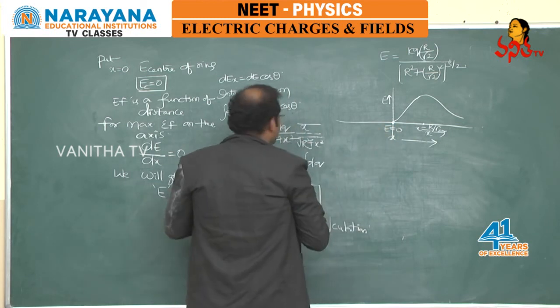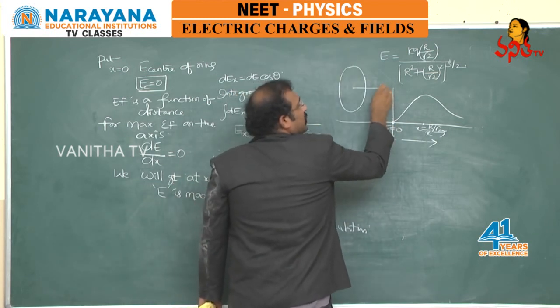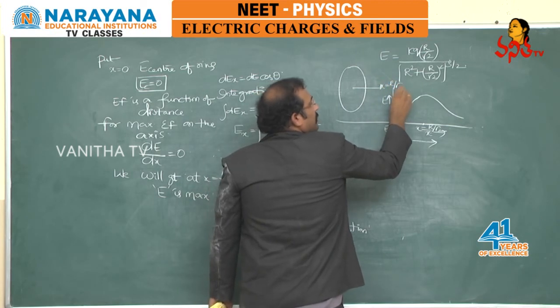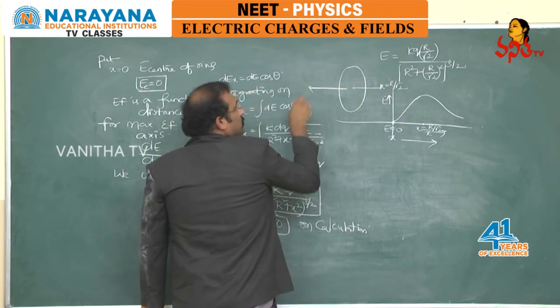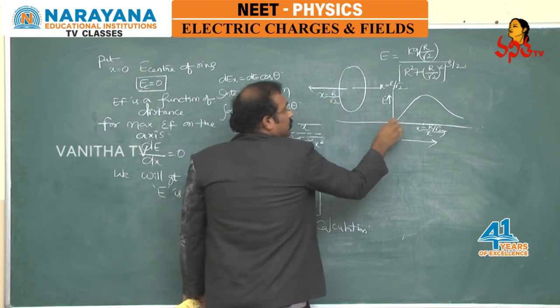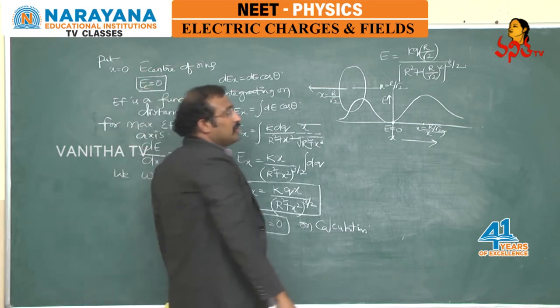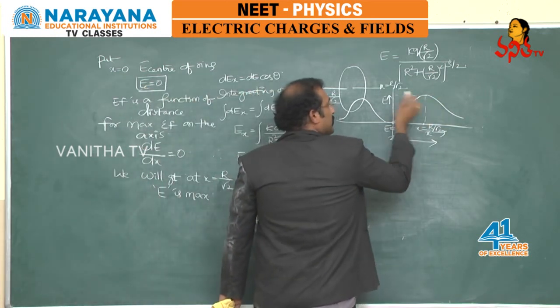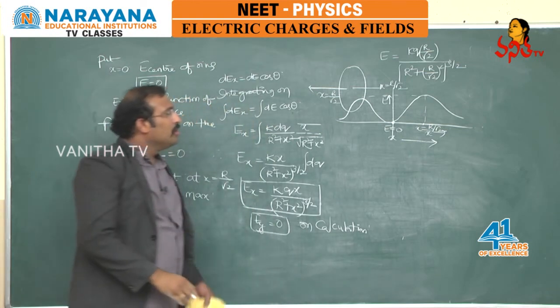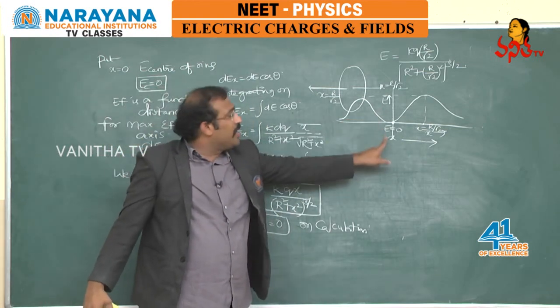In the same way, on this side at x is equal to r by root 2, field would be maximum, and similarly on this side also at x is equal to r by root 2, the field will be maximum. So this is a graph drawn for the electric field due to a ring that varies with the distance.